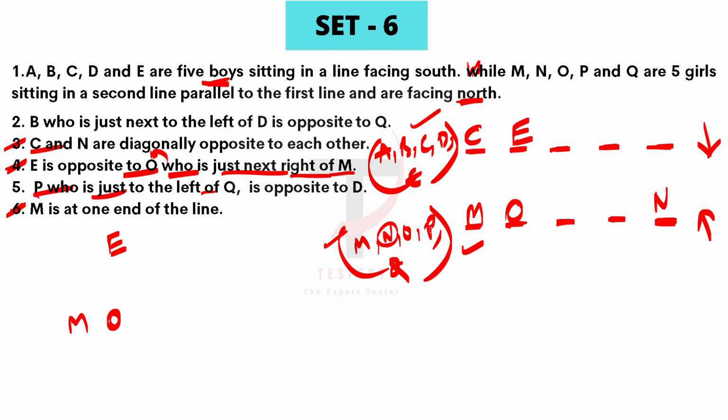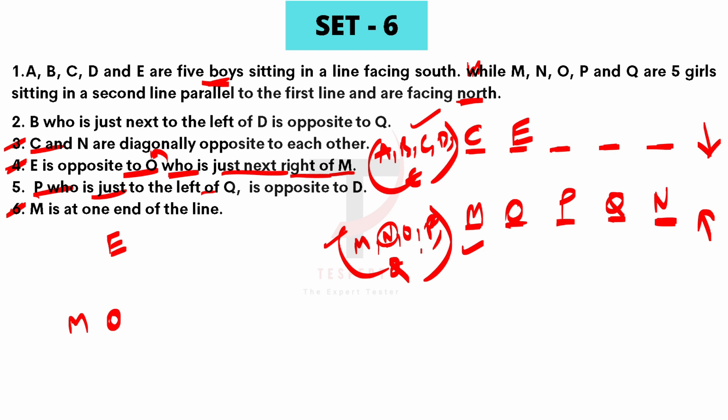P is just to the left of Q, which means immediate left of Q. The only possible case where P is immediate left of Q is Q must be here and immediate left of Q must be P. So this is the only possible case. If we had placed Q here, then P will be immediate right of Q, which violates this statement. Alright, so P is immediate left of Q and this is the only possible arrangement.